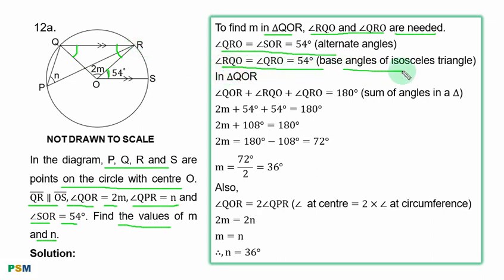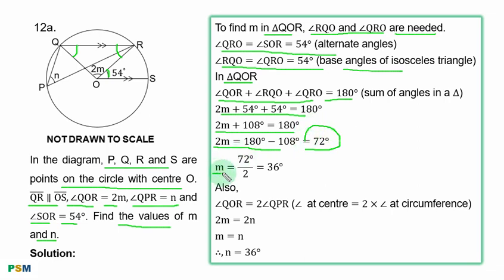You have the reason. In triangle QOR, if you add the three angles, the sum is equal to 180 degrees. You have it in this form and these results. 2M is equal to 180 degrees minus 108 degrees, and that is 72 degrees.